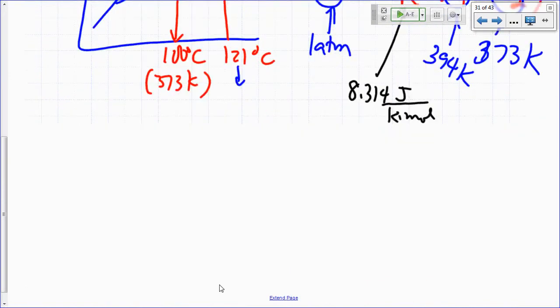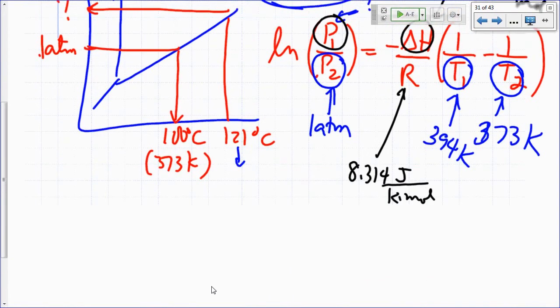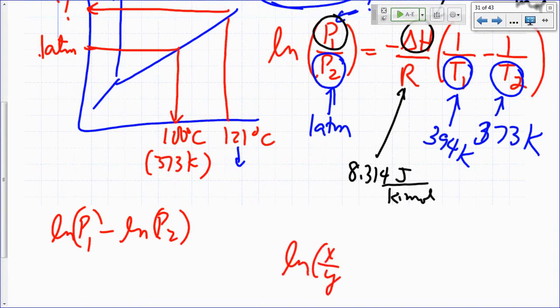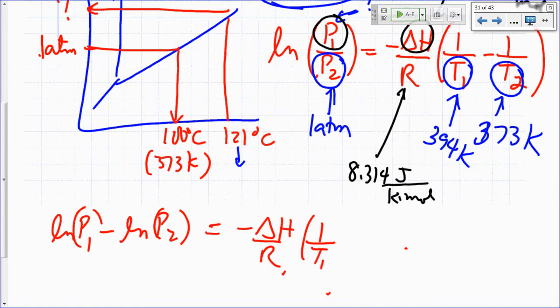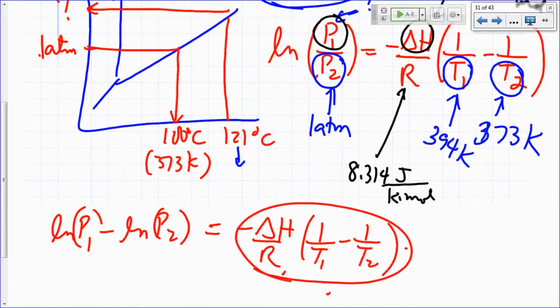How would I solve for P1? I'm going to say ln of P1 minus ln of P2. Remember this identity from math? ln of x over y is the same thing as ln of x minus ln of y. So ln of P1 minus ln of P2 equals negative delta H over R, 1 over T1 minus 1 over T2. Now, I know this number, so I can just plug in all the numbers I need.